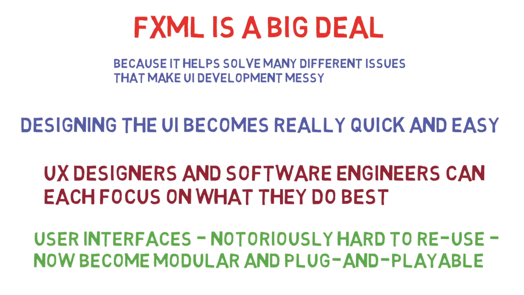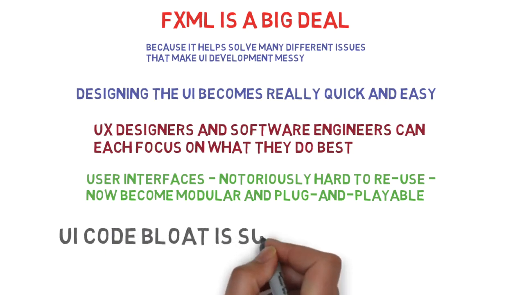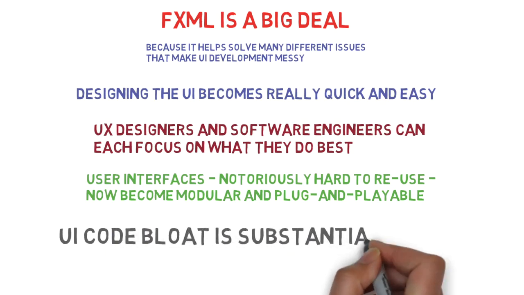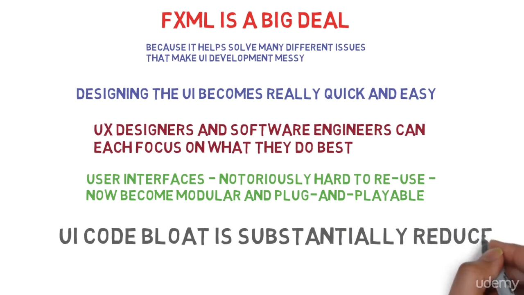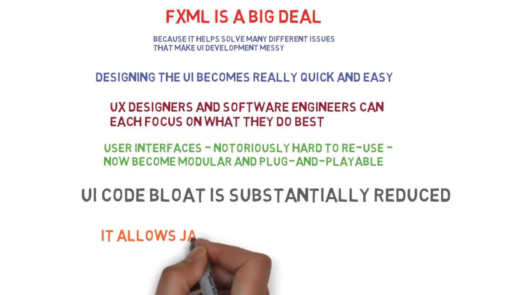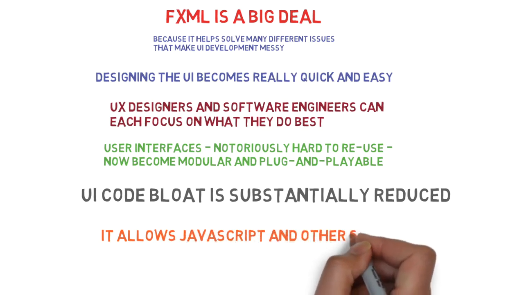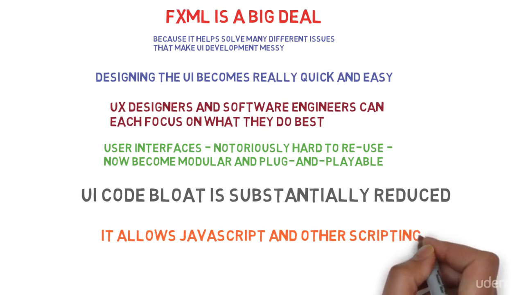Another issue with UI code is code bloat. Code bloat happens when there is a lot of boilerplate code written for even simple functions. UI code in Java generally has a lot of this boilerplate, and reducing this code bloat is what FXML helps with. And lastly, FXML allows JavaScript and other scripting languages to be used seamlessly inside JavaFX apps.